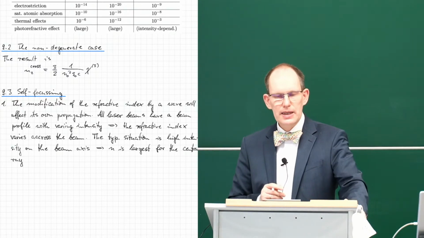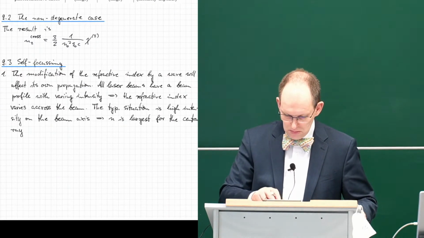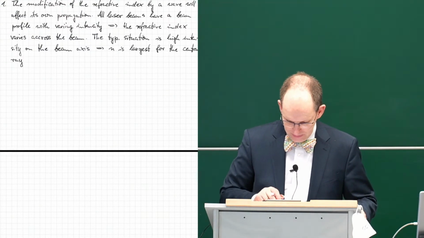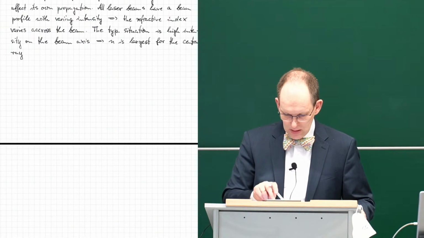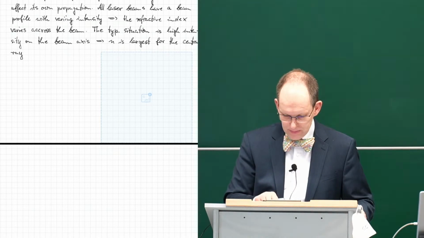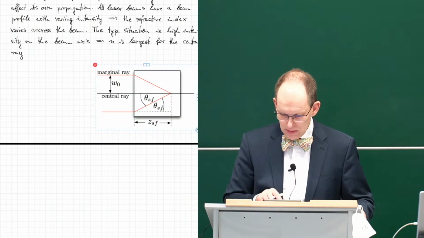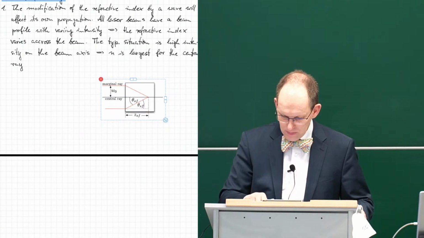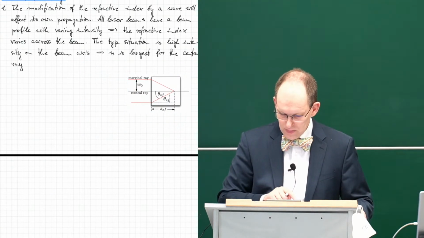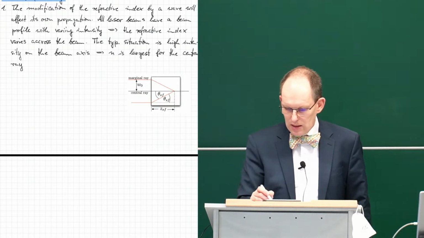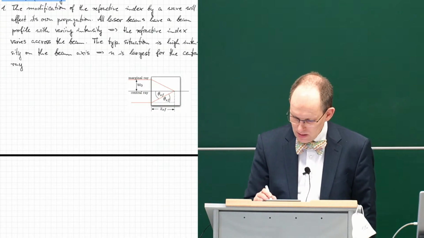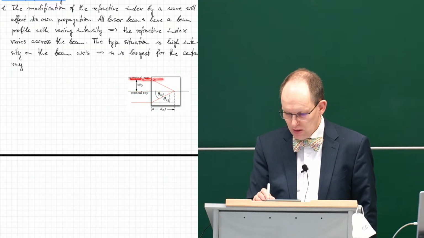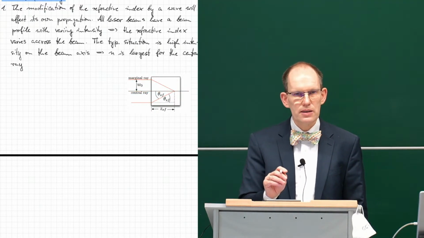Yeah. And now just a quick drawing here. Yeah, so the situation is the following. And so what you see is that for the central ray we have a large refractive index, and for a marginal ray we have a smaller refractive index.